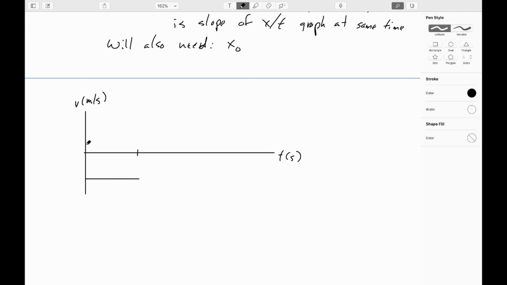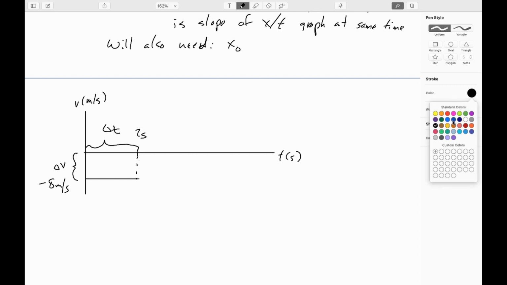This time elapsed here would be my delta t, and this would be my delta v. Let's just make it concrete. Let's say this is 2 seconds here, and this is -8 meters per second. I could do the same trick for finding the area, and it would be valid. However, I've got to be a little careful about that.